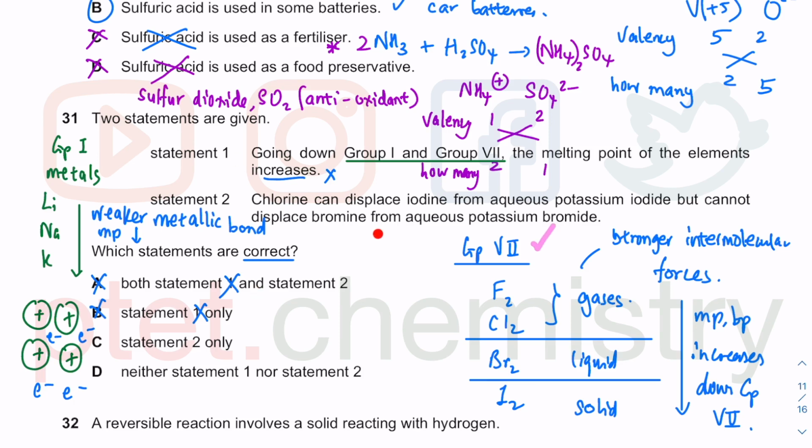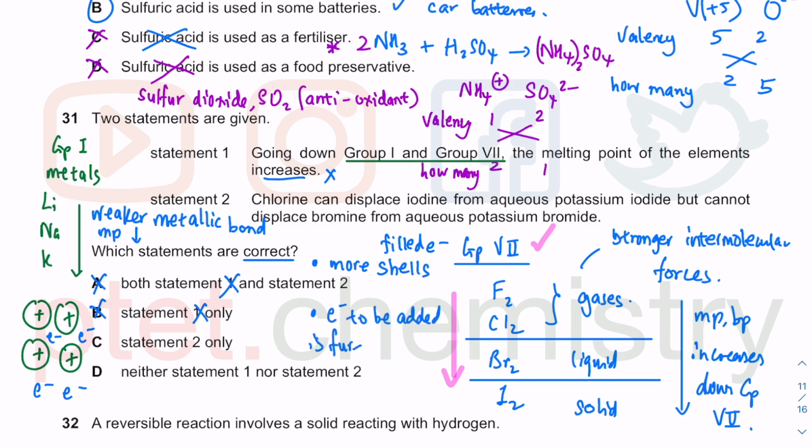I should have gone straight to statement number 2, which of course, based on their oxidizing and reducing ability, we are talking about the halogens. They become less likely to gain electrons because you have more filled electron shells. So what happened there is your electron to be added is further away from the nucleus.